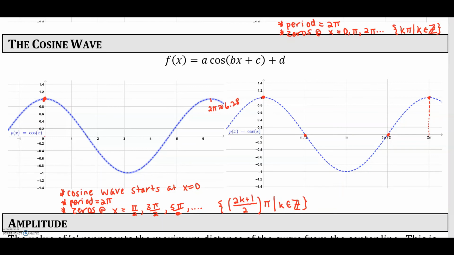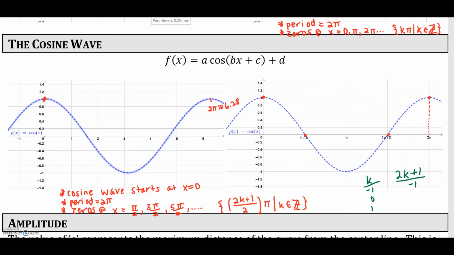This may be your first time seeing odd numbers listed as 2k plus 1, so I just wanted to show you what that looks like. So for various integers, such as, let's say, k equals -1, 0, and positive 1, the values of 2k plus 1 that you get are going to be, so -2 plus 1, which is -1.